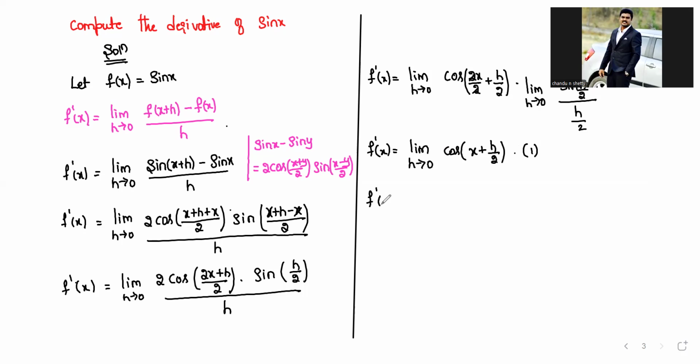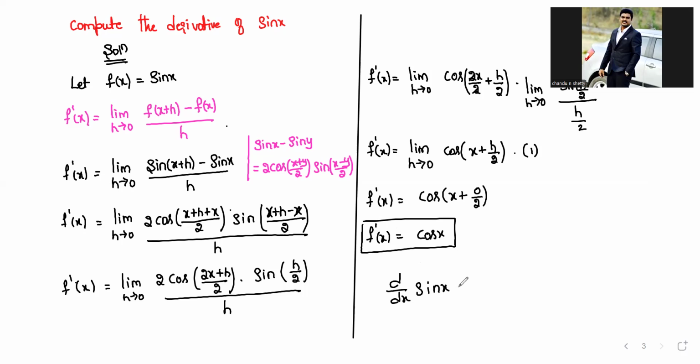Now f dash of x, when you apply the limit, cos of (x plus 0 by 2) will come. 0 by anything is 0, so x plus 0 is x only. So we get cos x. Okay, so this is the proof of this problem. So d by dx of sin x is cos x. This is the formula we have.